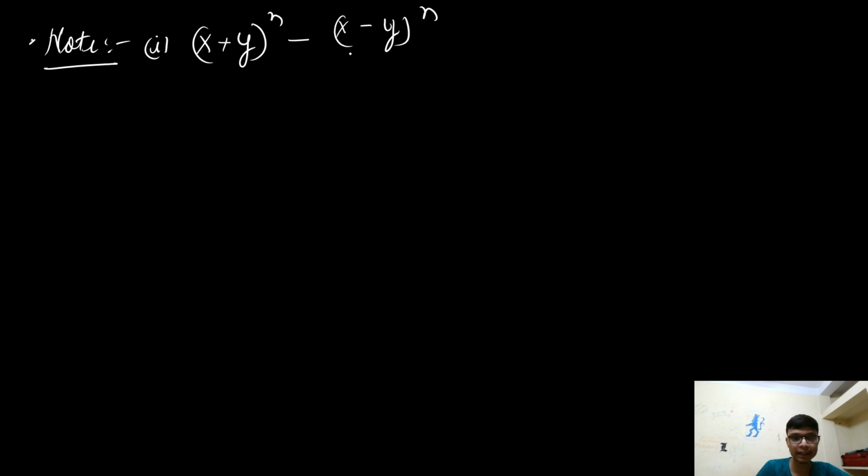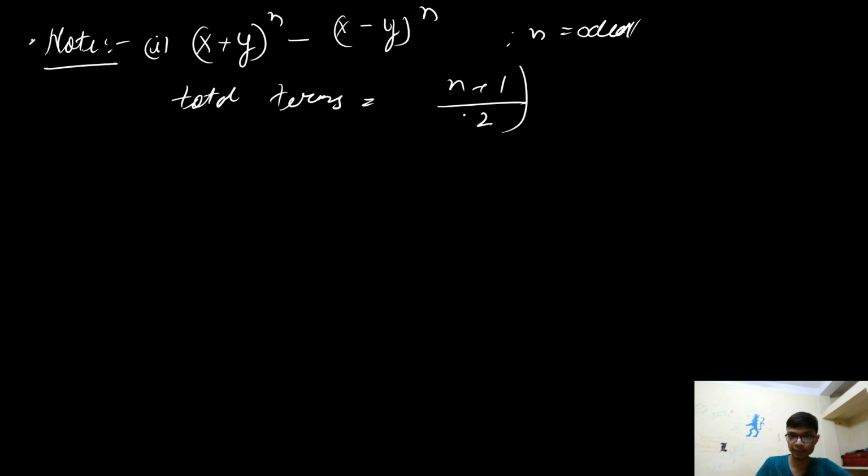But if the question directly asks what is the total number of terms in this particular binomial expansion, then you can directly remember that if n is odd, the total number of terms will come as (n + 1)/2. You can check this by doing the expansion and cancelling the negative terms with the positive ones, and you will definitely get that the total number of terms becomes (n + 1)/2.